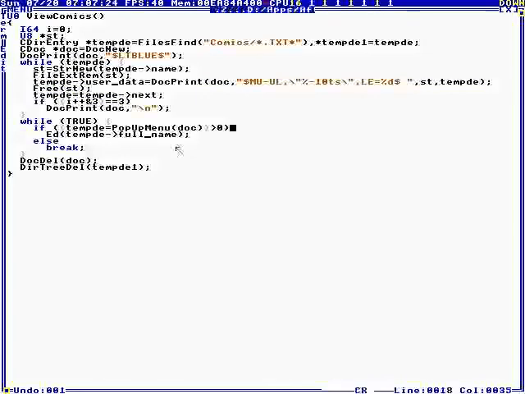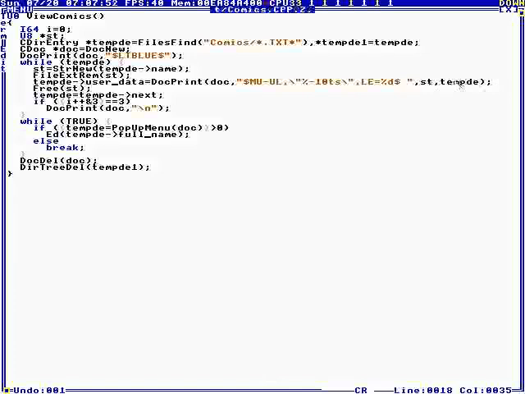So first thing, instead of find first, find next, we get all the files, and there's a lot of flags you can play with for recursive and stuff like that. We make a new document, change it to blue. We make menu entries. These are $ commands. And then we do pop-up menu, and that returns us the menu. Whatever they selected, we get to assign a value.